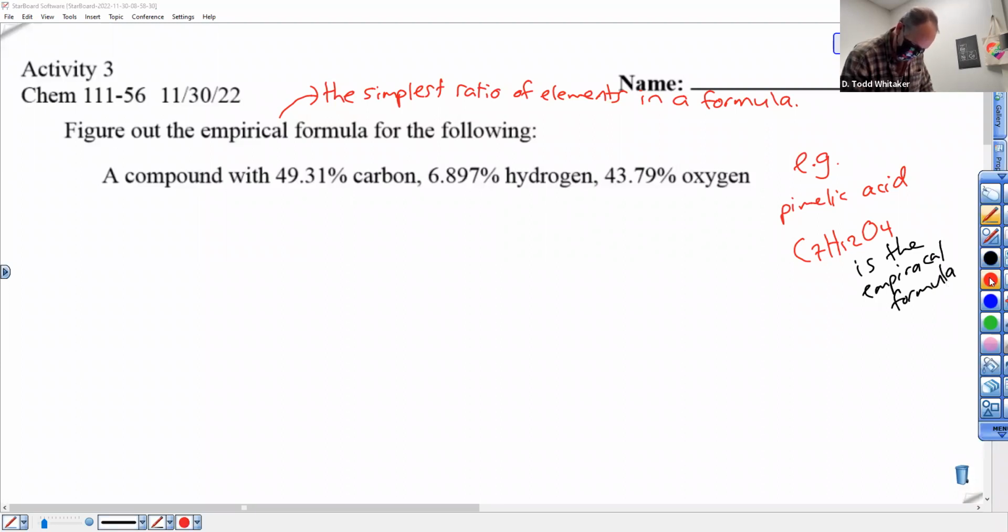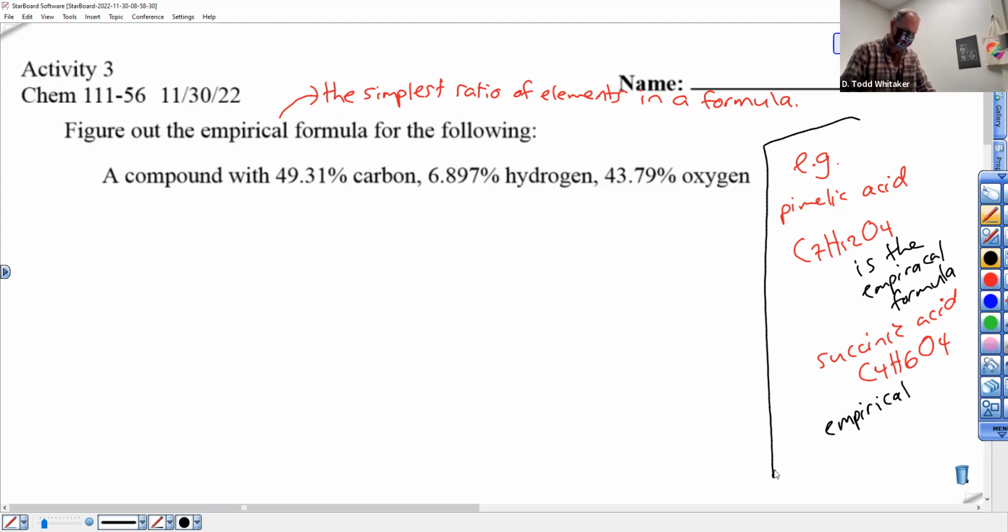But how about succinic acid, which is C4H6O4. Empirical equals. Can you simplify those ratios?